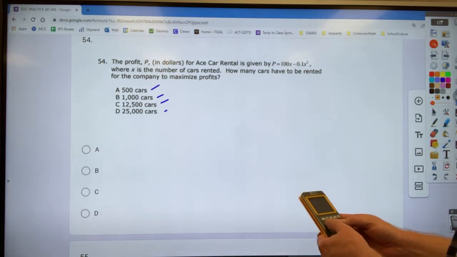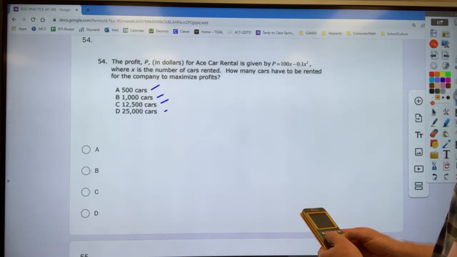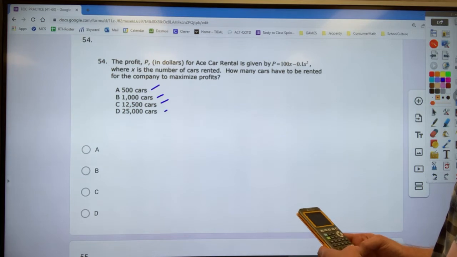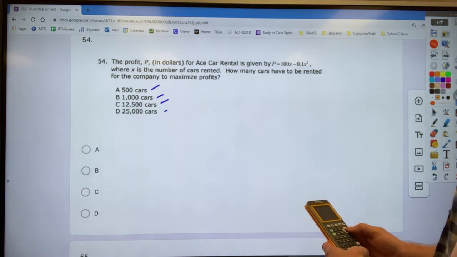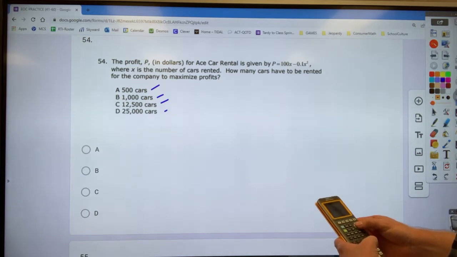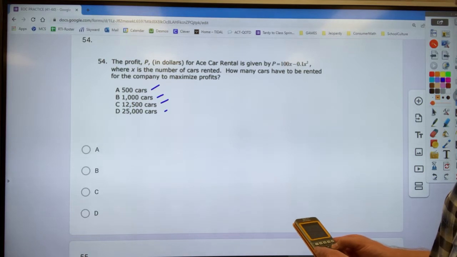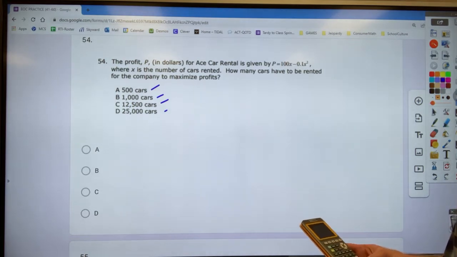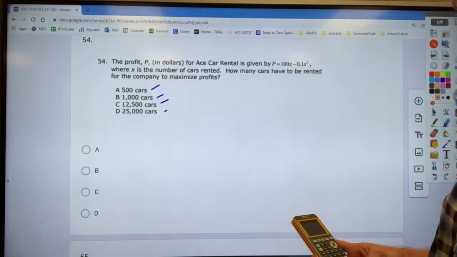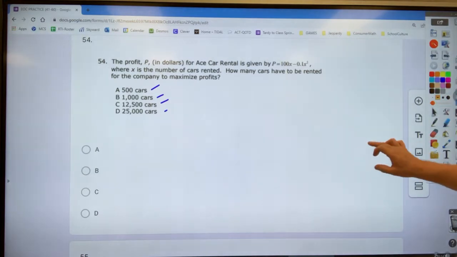I'm going to go up to 25,000. A lot more profit there. Now let me try 12.5 and see if there's even more. All right, so 25,000 is going to maximize our profit. We just plugged it in.